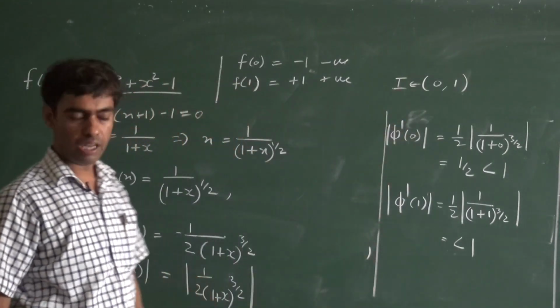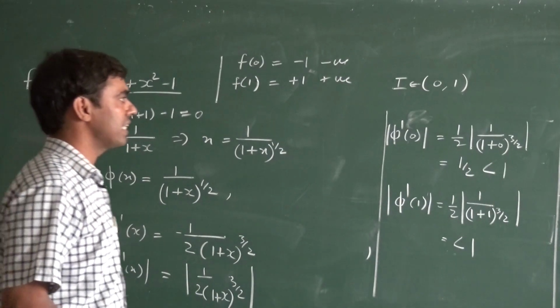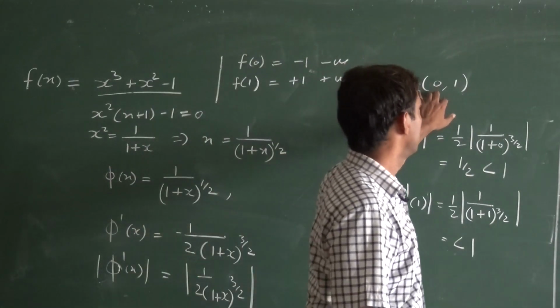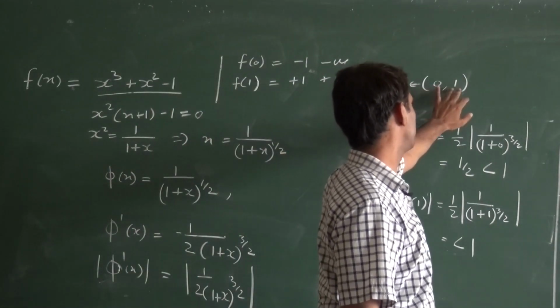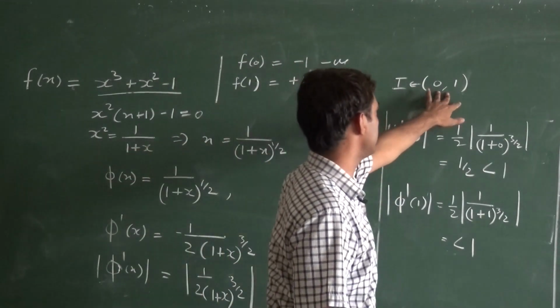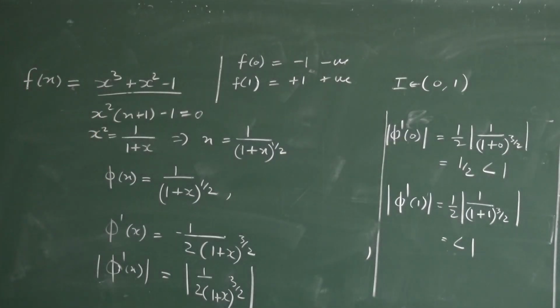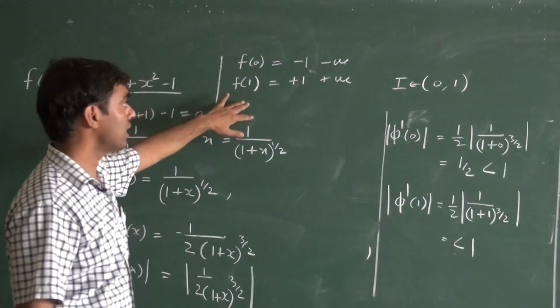So we can take any arbitrary value between 0 and 1 and proceed to find our approximate root. Here this one is a non-bracketing method.